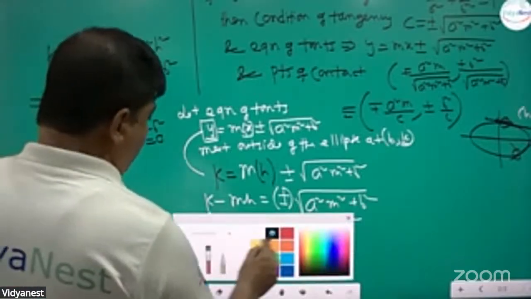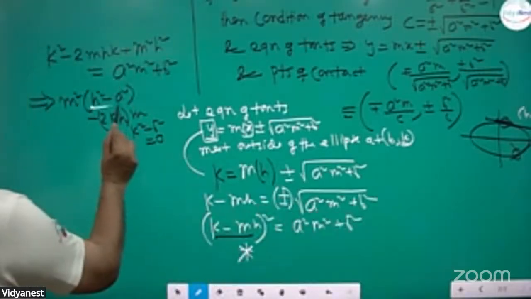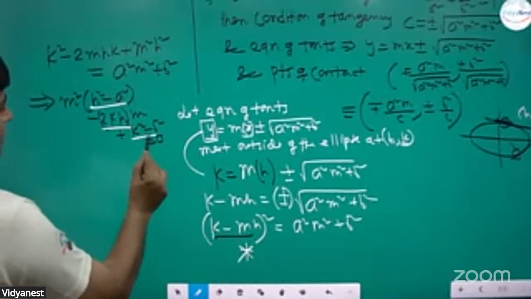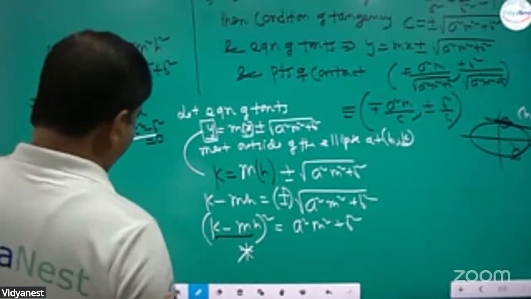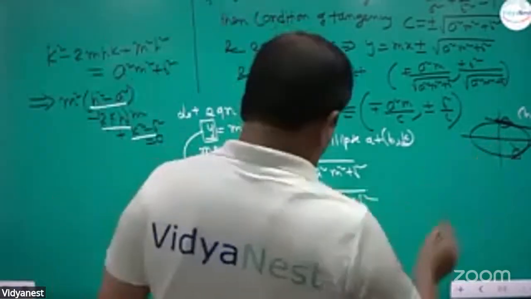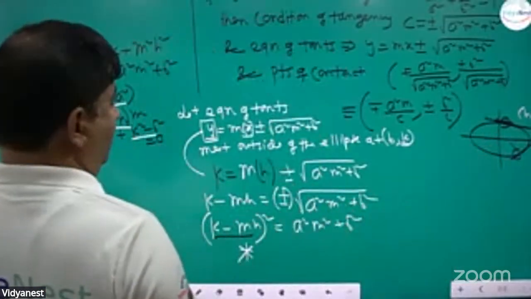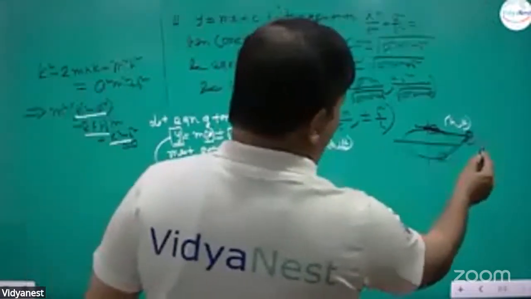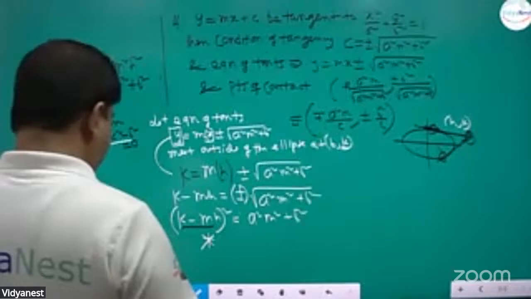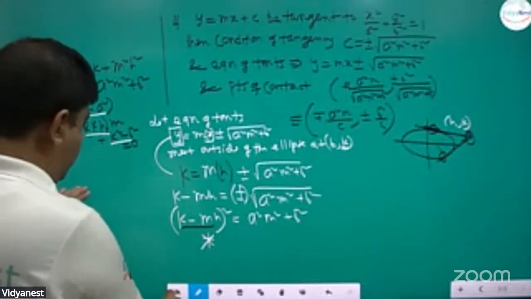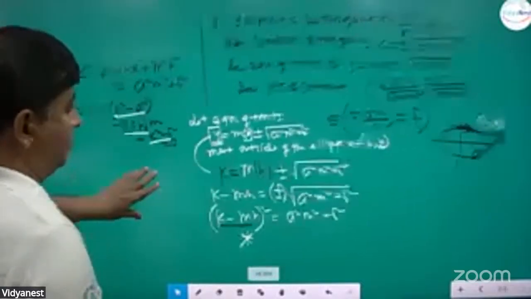Here what is a? If you get confused, this is a, this is b with this minus sign, and this is c. Now you have seen that from an external point two tangents can be drawn.